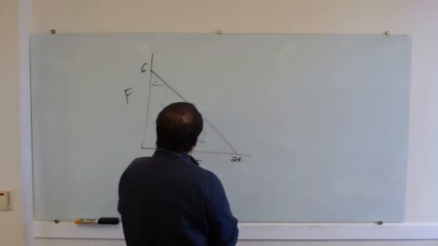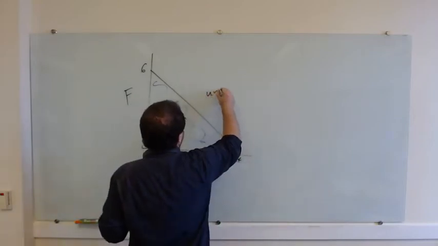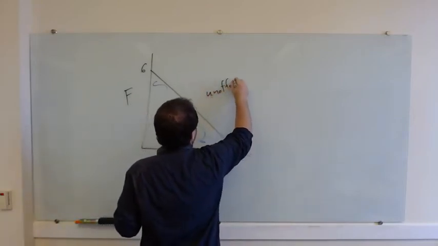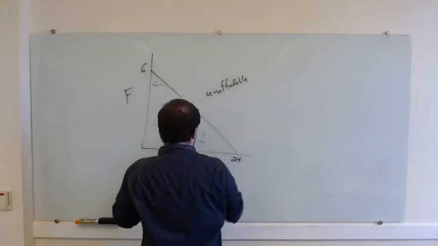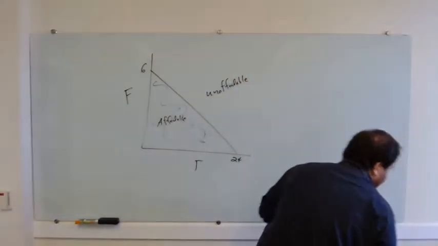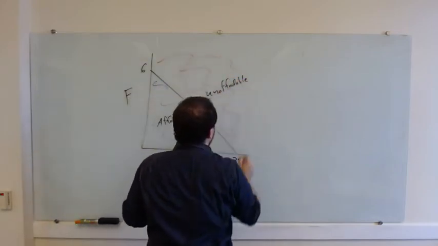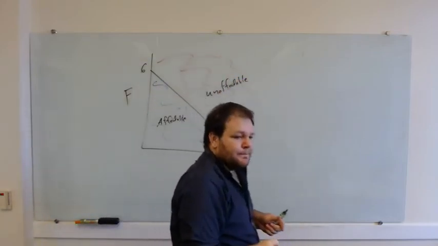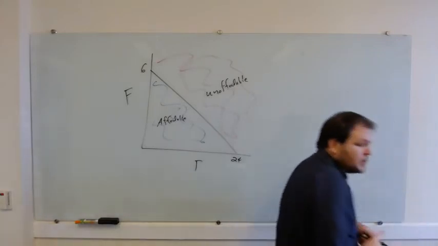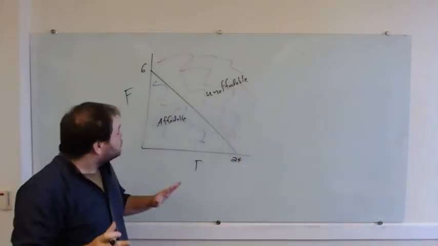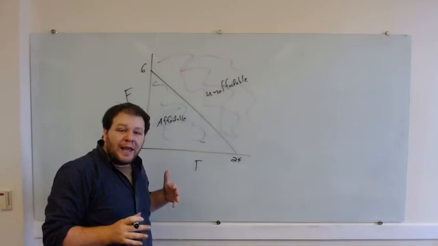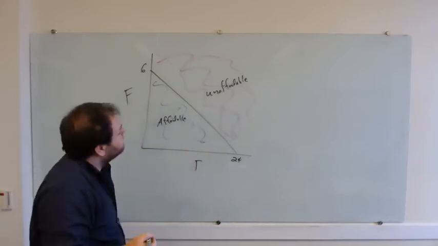And anything above our budget constraint is unaffordable. Right? And I'll shade that in red. So we know that anything that's our optimal choice has to be in the affordable range. If it's not affordable, we can't do it.